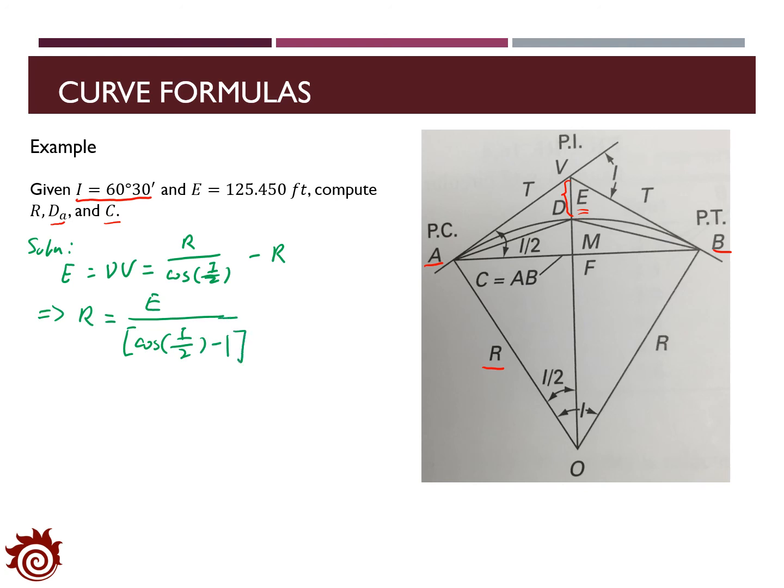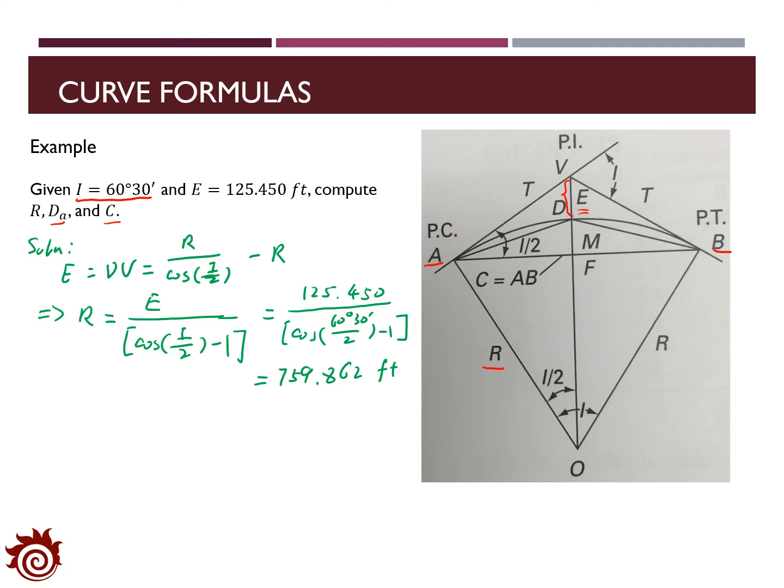We know the value of E is 125.450 and the value of I is 60 degrees 30 minutes. So we have cosine of 60 degrees 30 minutes over 2, minus 1. Solving this equation, we find the radius as 759.862 feet. So that's the calculation of the radius of the curve.